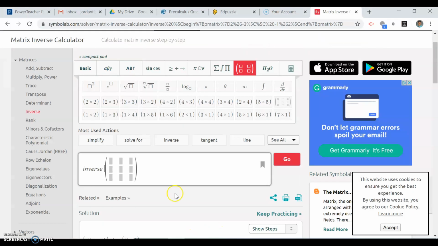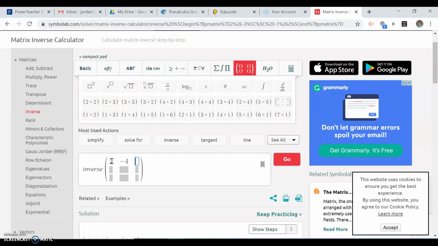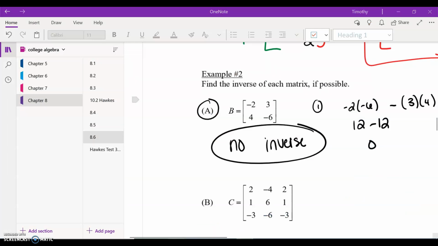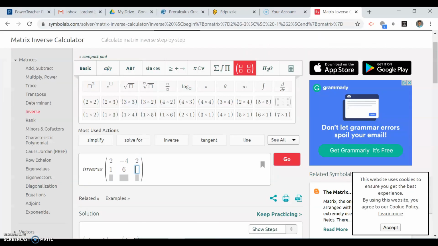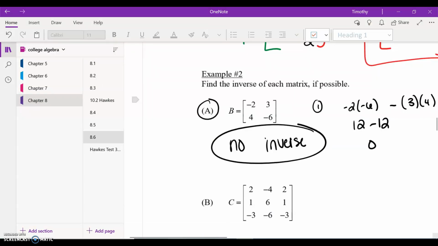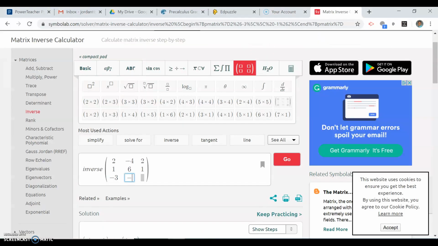So I'm going to use 2, -4, 2, 1, 6, 1, and -3, -6, -3. And then you just hit go.